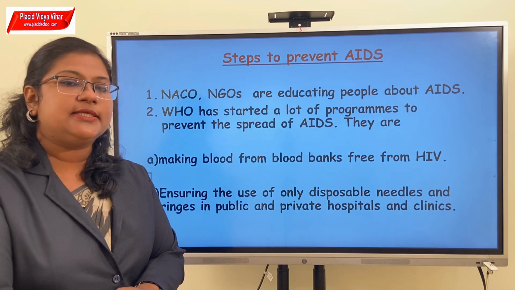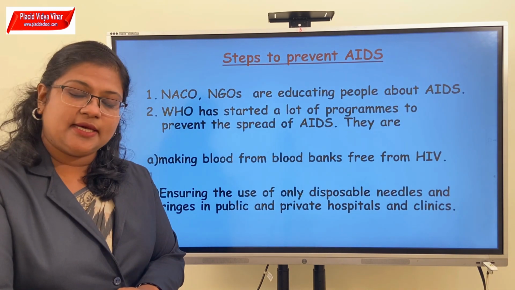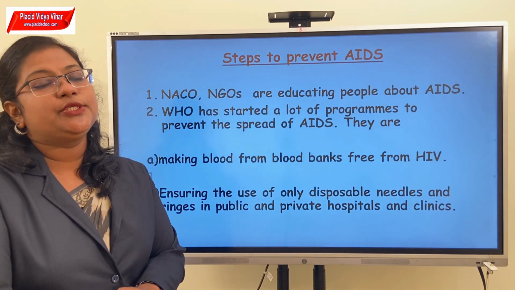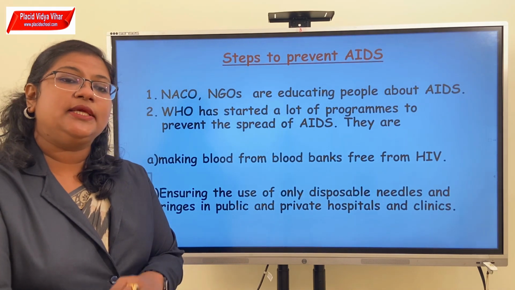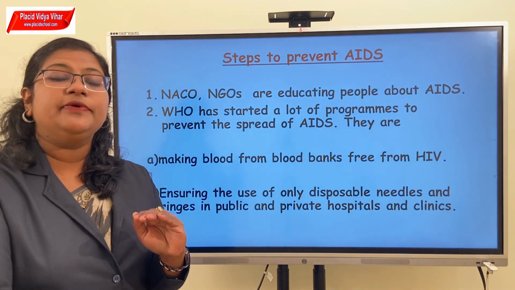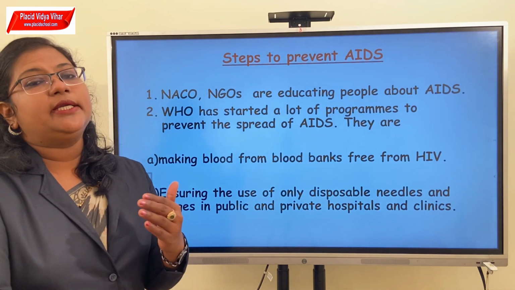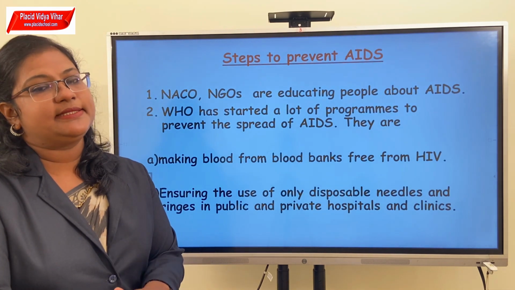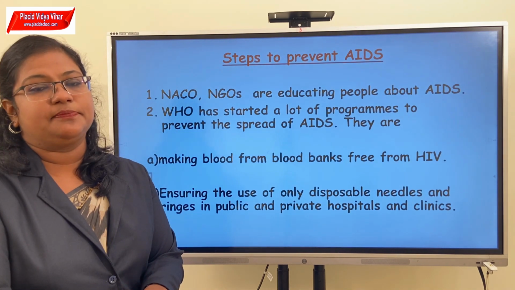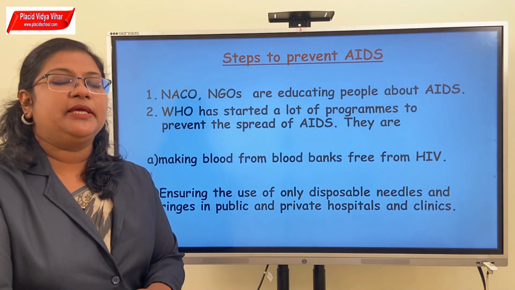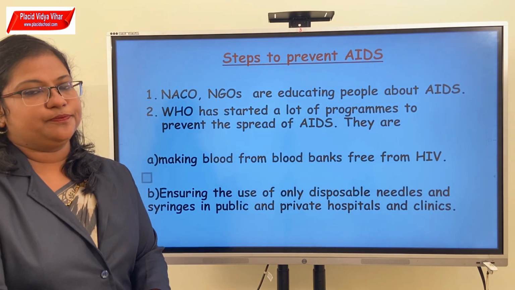So advanced techniques like real-time PCRs have to be employed to see whether the person is actually carrying the virus even in the dormant stage. So tests like that are now advocated to make the blood safe in the blood banks. That means advanced tests are being recommended by WHO.